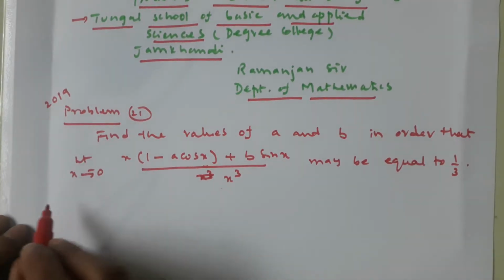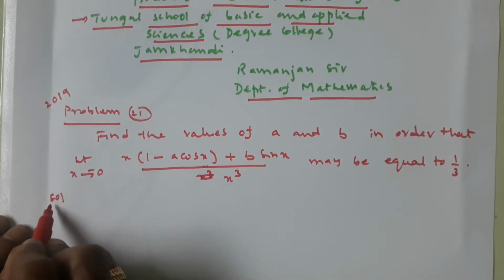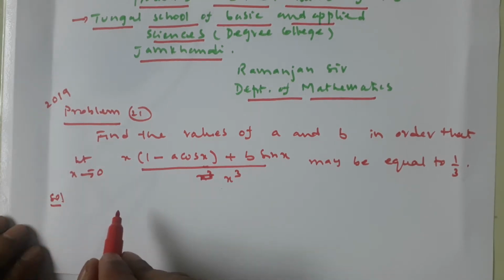Right. See that now. The solution is to find the A and B values.